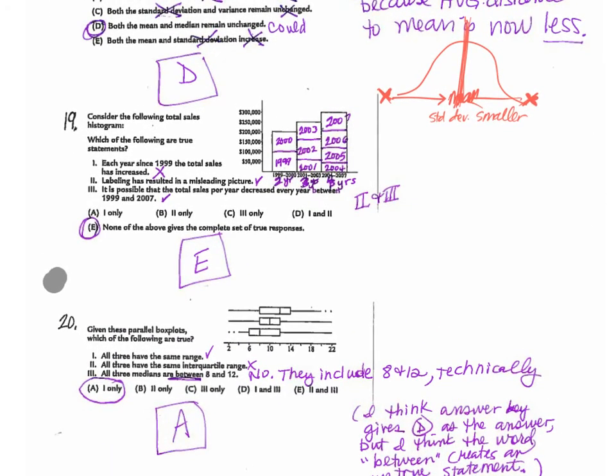This one gets lots of people. 2 and 3 are true statements, and none of these answer choices give 2 and 3 as a true statement, so therefore it's E. But let me tell you, I understand 2 is the easy one to catch. You see that it's misleading because this first bar contains 2 years, this second bar contains 3 years, and this third bar contains 4 years.